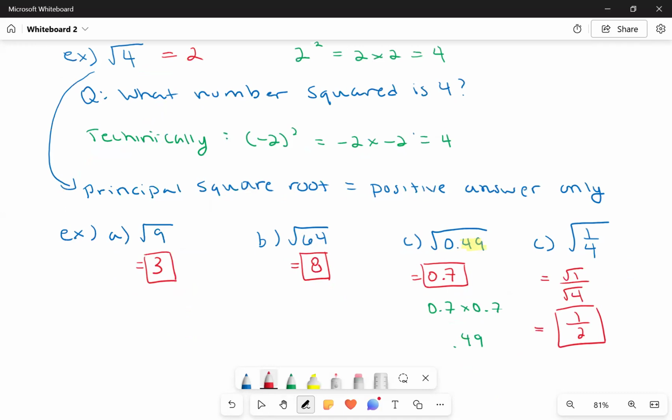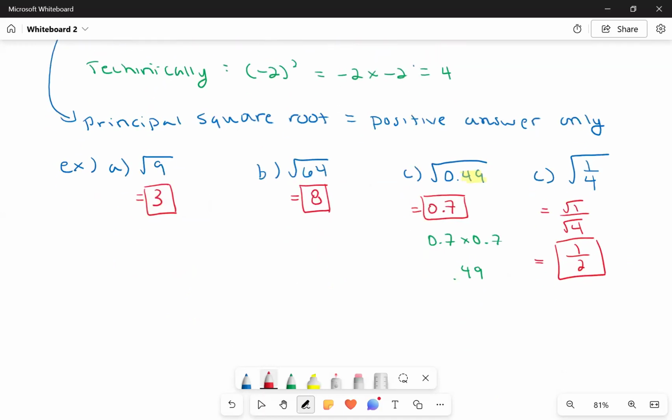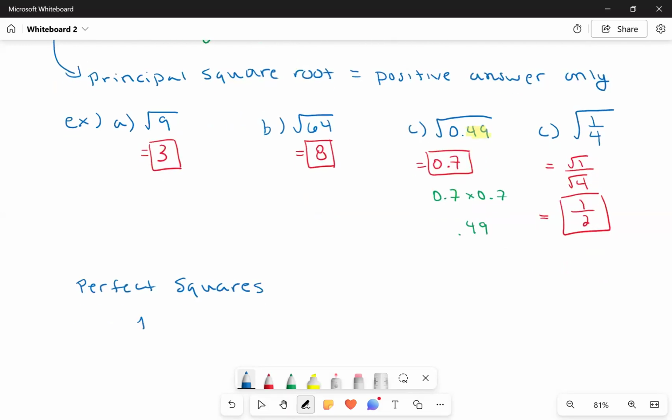Now, part of what made these not too difficult is that every single number here is what we call a perfect square. These are numbers that come from squaring. The first perfect square is the number 1 itself, because 1 squared is 1. The second is 4, since 2 squared is 4.